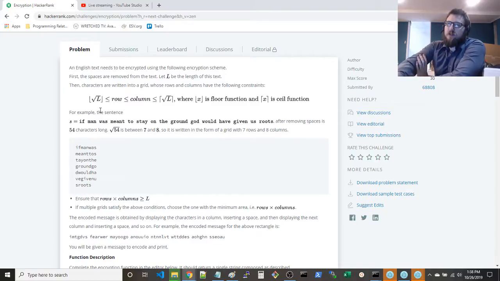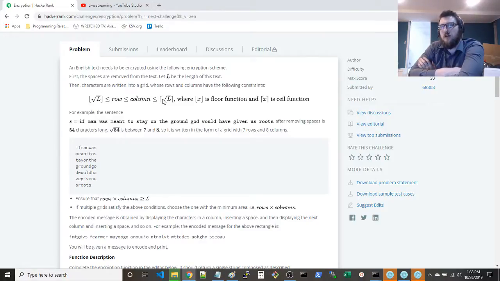So there's always going to be at least as many columns as there are rows. If there are any extra columns, it's bounded. Both of these values are bounded between the floor and ceiling of the square root of the length of the text. So it's very close to a square grid, I think is what they're communicating here.